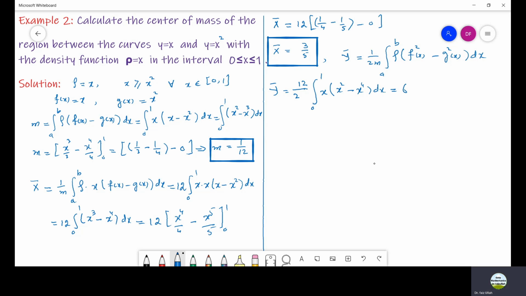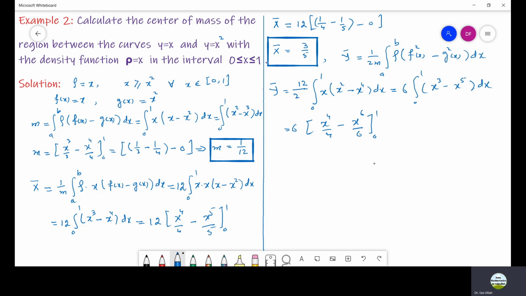Let us simplify this. We have 0 to 1. Now this is x cube. This one is x power 5. And from here, if we integrate this, we have 6 into x4 divided by 4 minus x6 divided by 6.